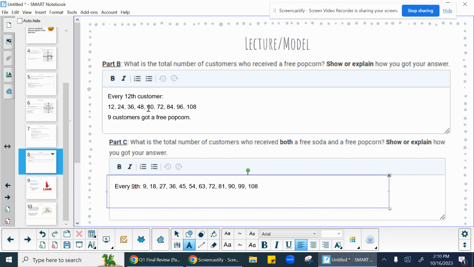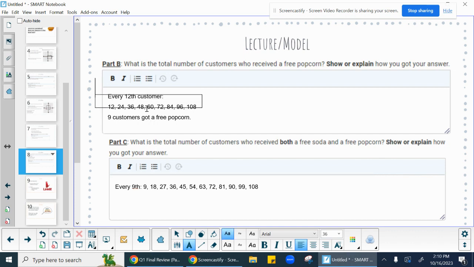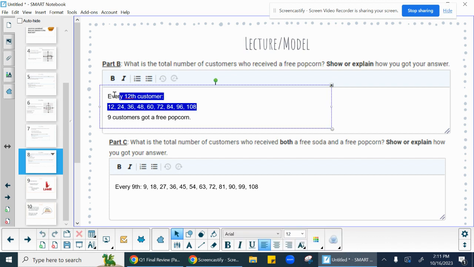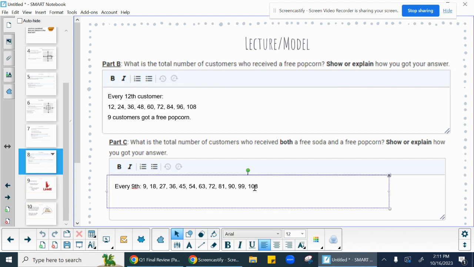And then I'm going to copy my list for 12, and paste it in.